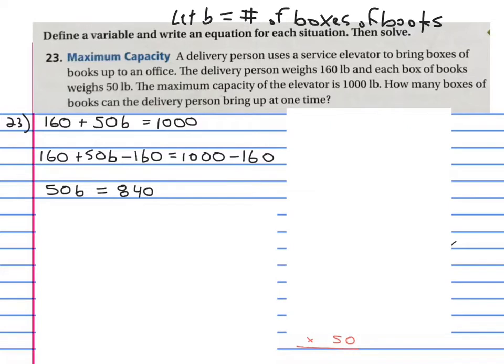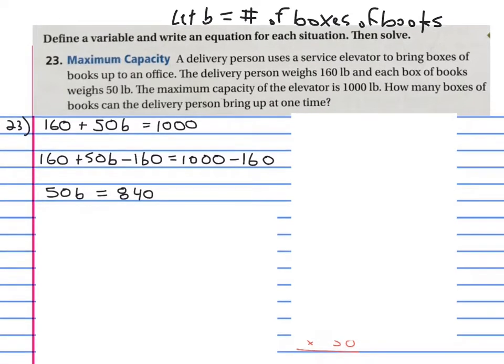That might be a little bit of math that you do over on the side, but I can do this in my head because 1,000 minus 100 is 900, and then 900 minus another 60 is 840. So we've got 50 times b equals 840. Now if we wanted to solve for that, what would we do?